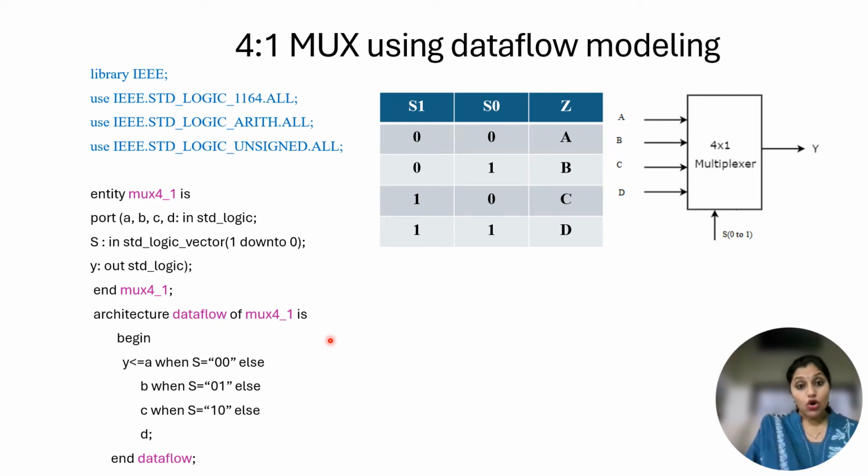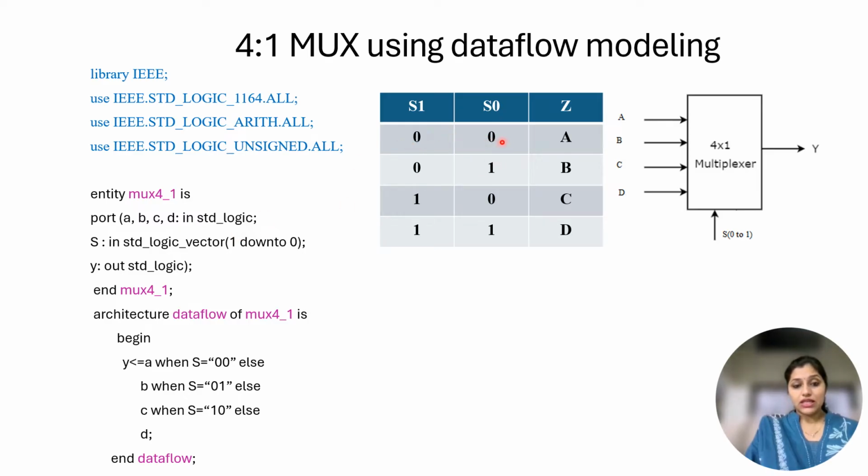As already explained, in case of Dataflow modeling style, we can either write code using the when else statement or the with select statement. So here I have taken the example of the when else statement. Architecture begin. Here Y is my output. So Y is assigned as A when S0 is 0 and S1 is 0.